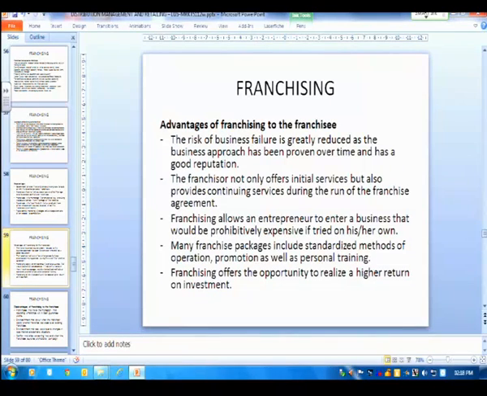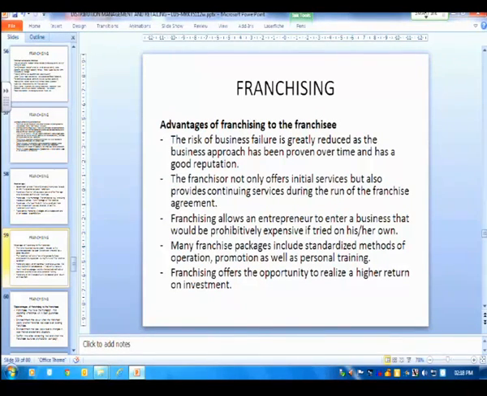Advantages of franchising to the franchisee. The risk of business failure is greatly reduced as the business approach has been proven over time and has a good reputation. The franchisor not only offers initial services, but also provides continuing services during the run of the franchise agreement.